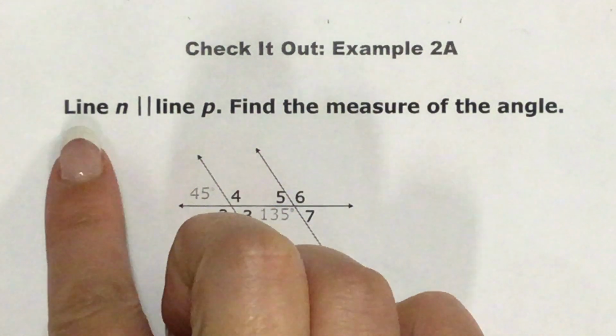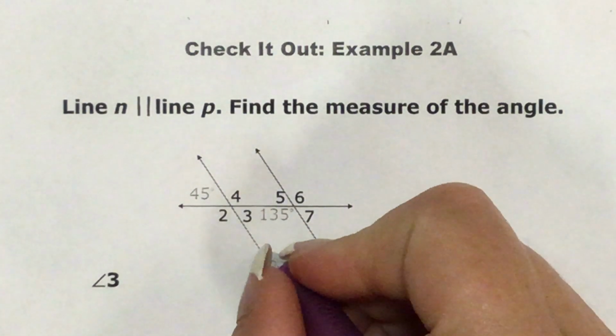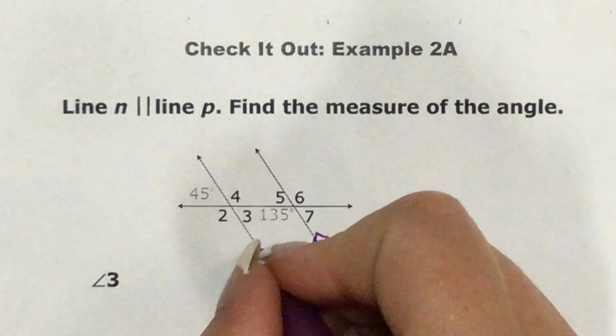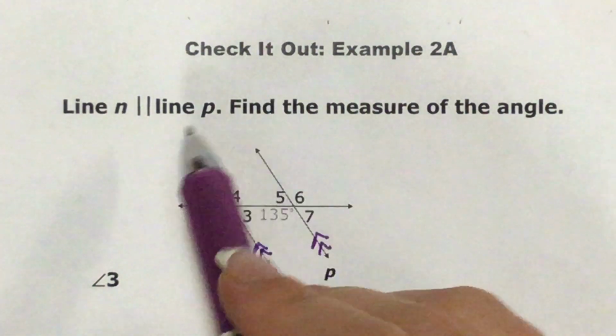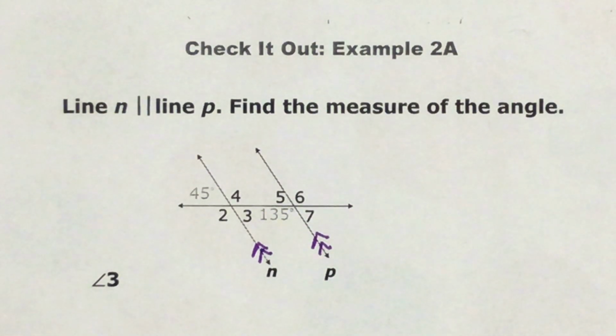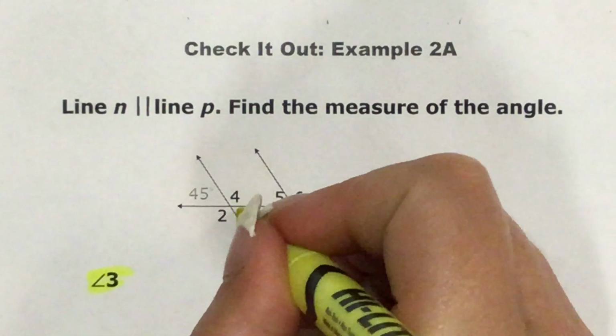The problem states that line N is parallel to line P. Okay, so I'm going to mark my little parallel marks. It wants us to find the measure of angle 3. So the measure of angle 3 is right here.